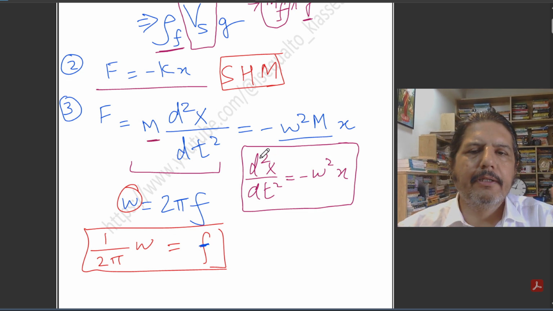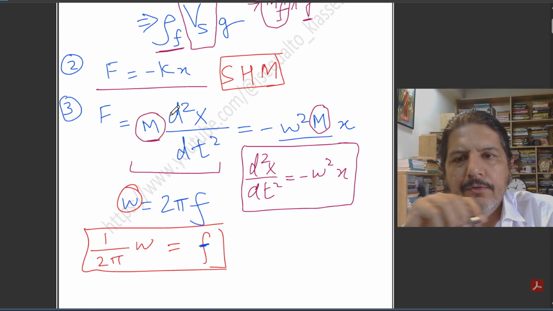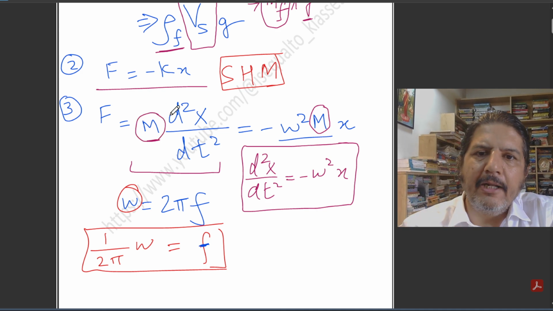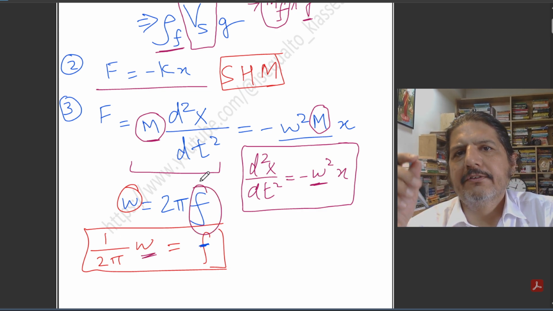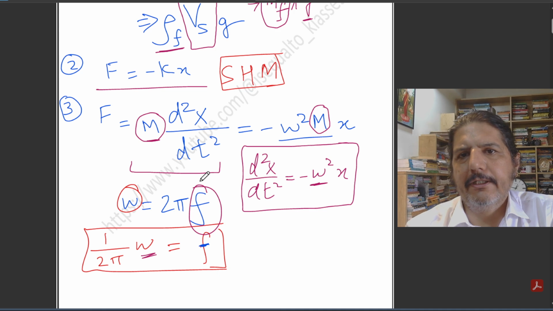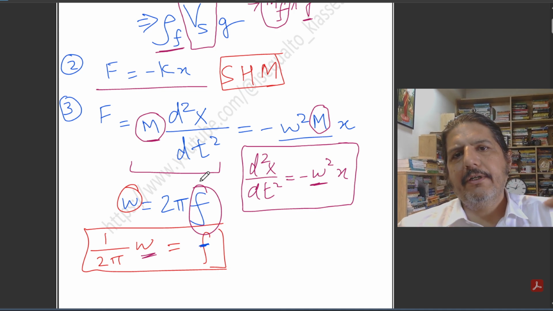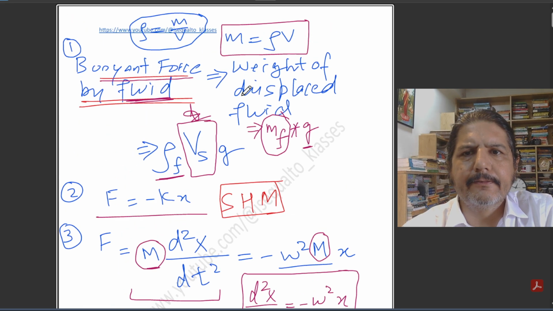This would be basically the restoring force, and then this m would come on the right hand side also. So this is another equation I'll be using, because this will help me to calculate the omega. Once I have omega, omega is equal to 2 pi f, and finally f would be equal to omega by 2 pi. So f is the frequency and omega is the angular velocity. So these are the formulas that you need to understand before you attempt questions like these.